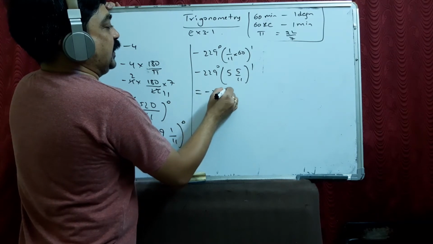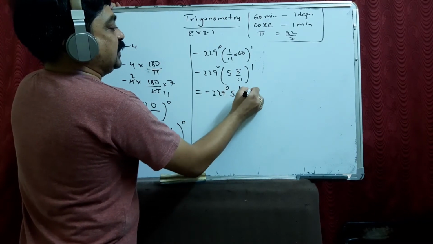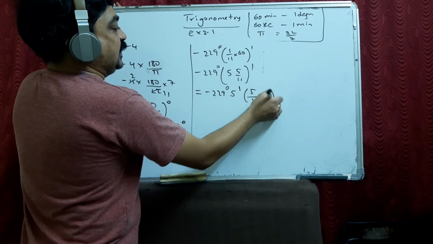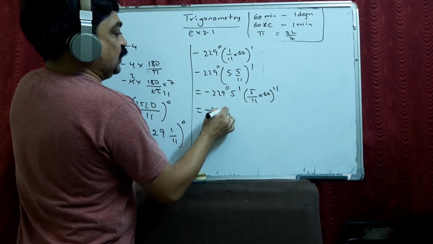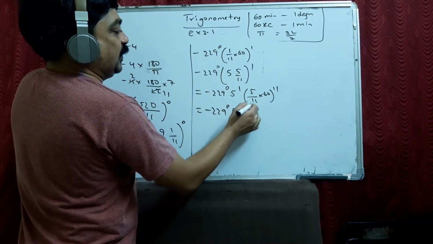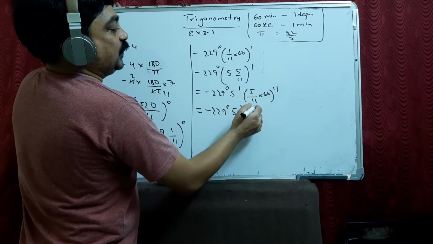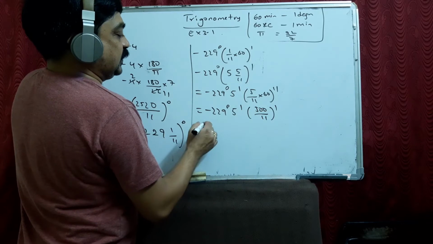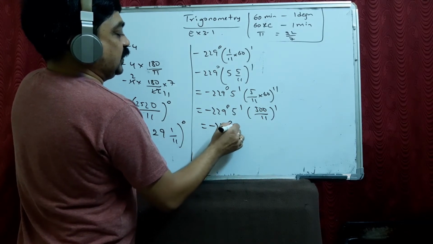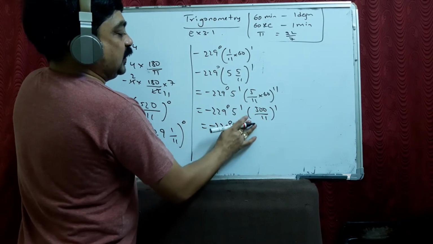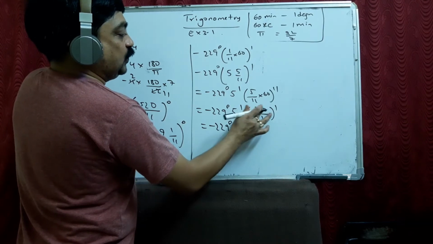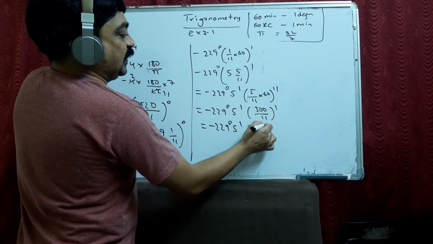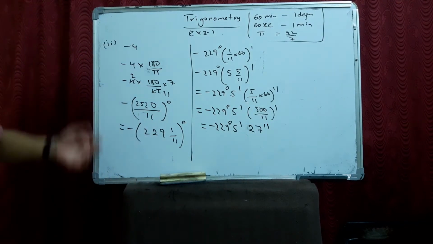Then minus 229 degrees 5 minutes and 5 by 11 into 60 seconds, which becomes 300 by 11 seconds. So you can leave it like that.